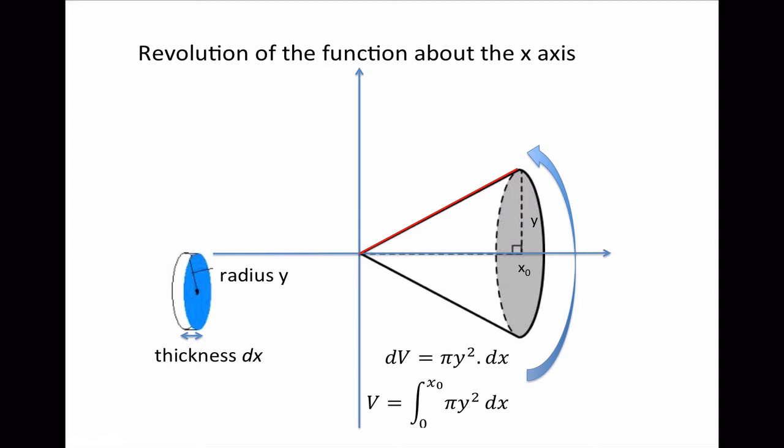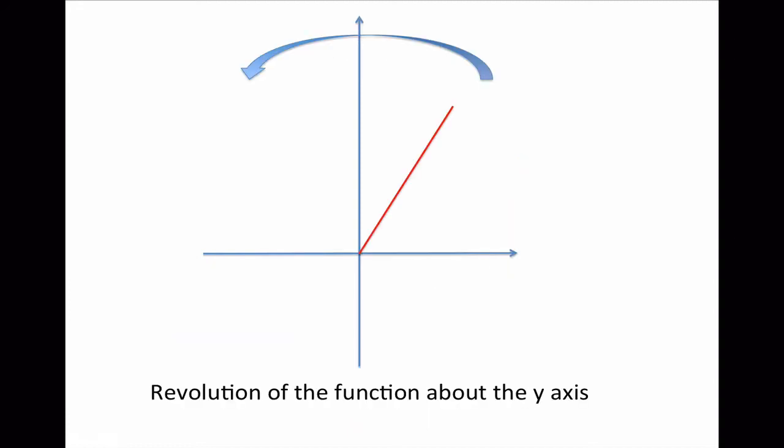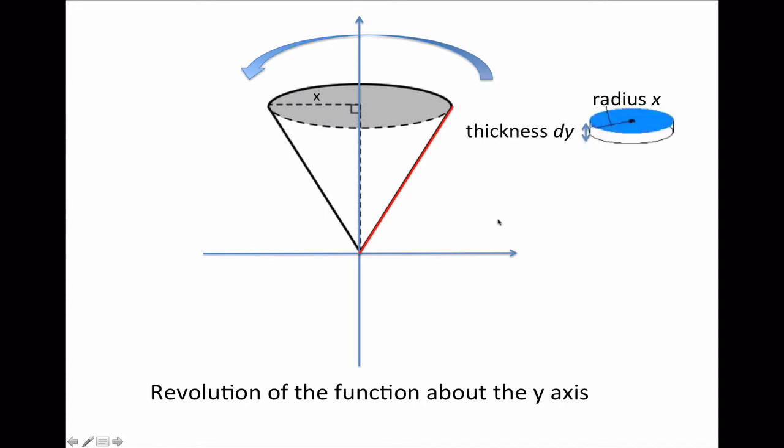Just to make sure you understand it, we'll repeat the process, but this time revolving around the y-axis. Here's our function again in red, this time going around the y-axis. So again we get a cone, this time it's standing up, and this time its radius is x, whatever the value of x is at the particular disk we're looking at. Similar process as before.